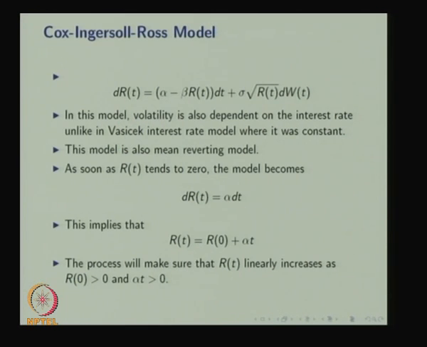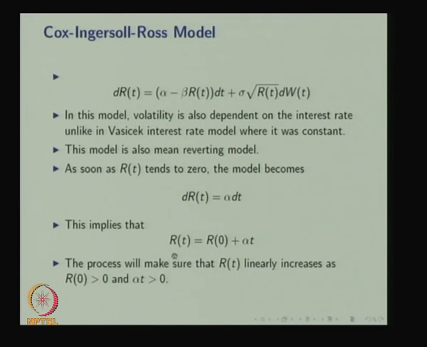And this model is also a mean reverting model because of this term, (alpha minus beta times R_t) dt. Therefore, this model is also called a mean reverting model. As R_t tends to 0, the model becomes dR_t equals alpha times dt.